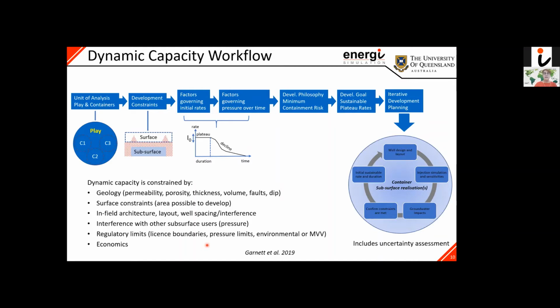All of this can be combined in a workflow that's shown here, in which we start by looking at the play, which is here the Precipice Evergreen reservoir caprock combination. We then apply development constraints, both subsurface and surface, and then look at factors that govern the initial injection rates and how pressure varies over time.